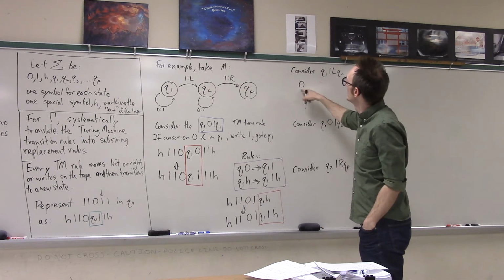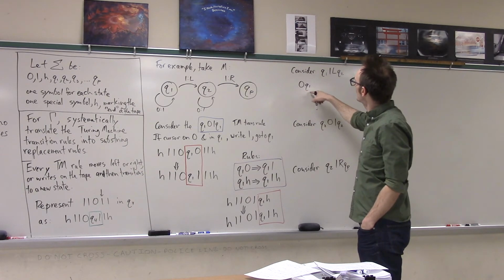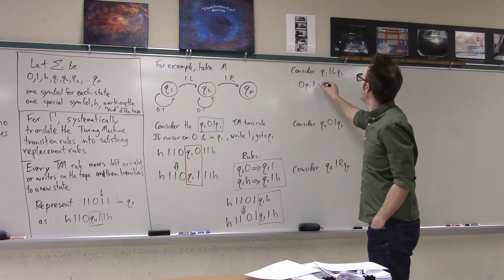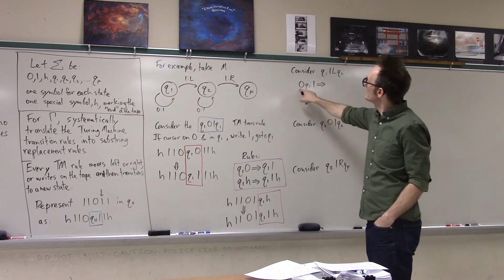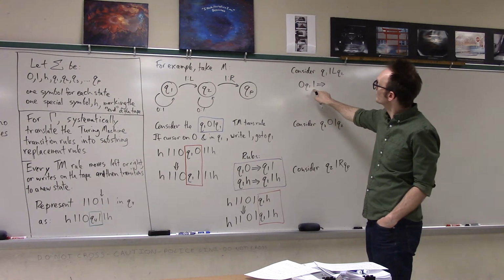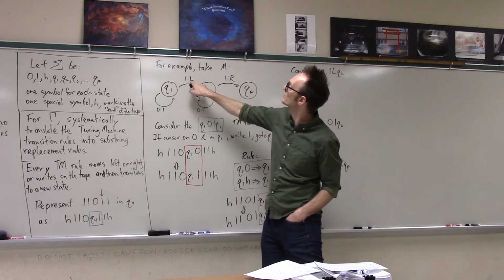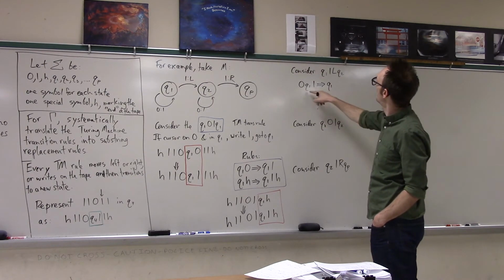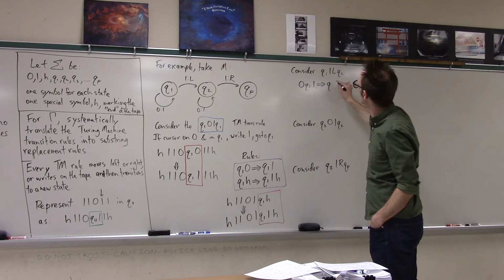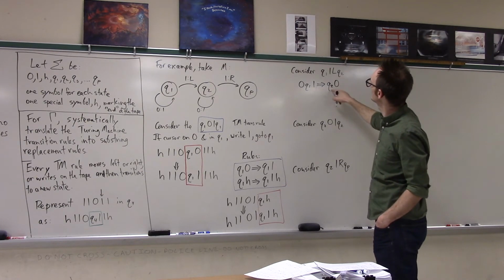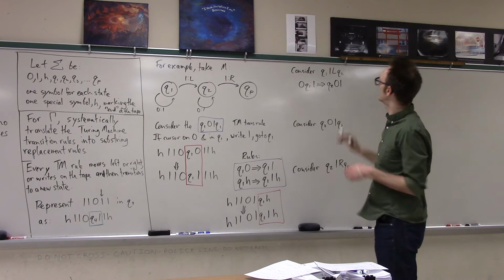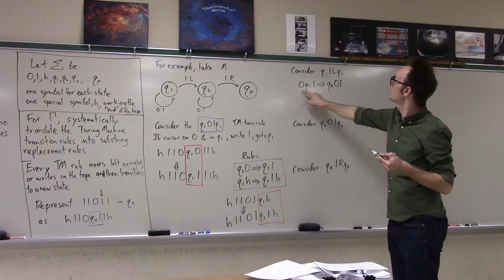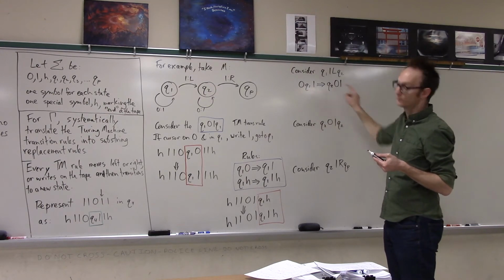There could be a 0, so if it's 0 Q1 1, then there happens to be a 0 to the left of me, but my cursor is on a 1 and I'm in state Q1. What am I supposed to do? I'm supposed to move left and go to state Q2. So I move left, and now I'm in state Q2, to the left of the 1, because that indicates that my cursor is now on the 0 that was initially to the left of me.